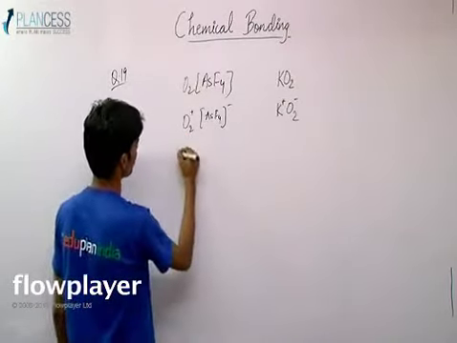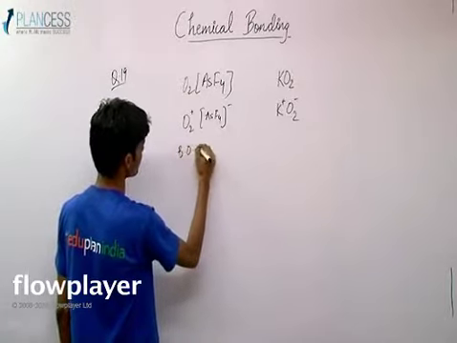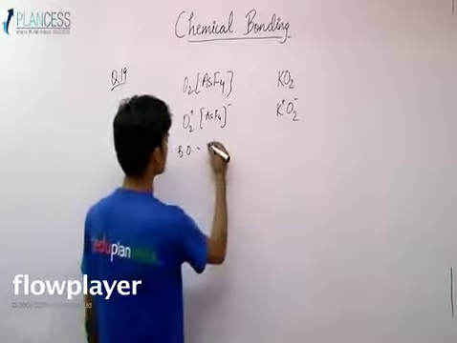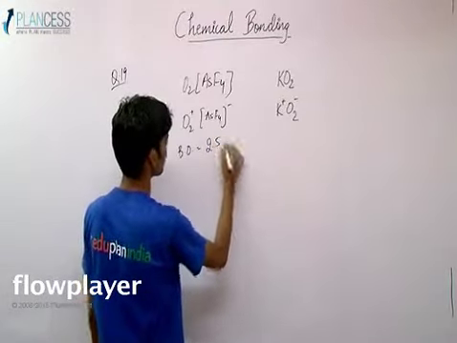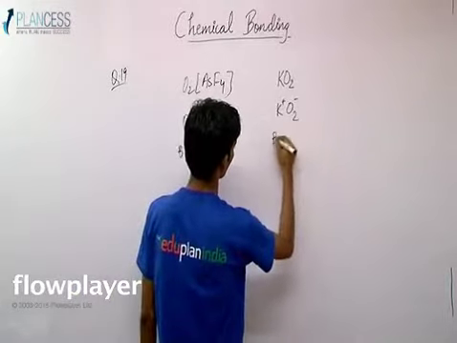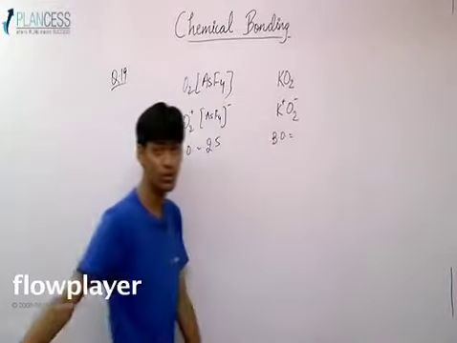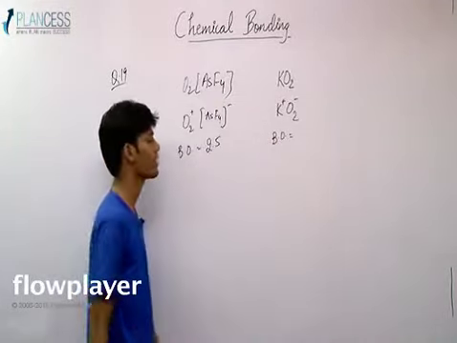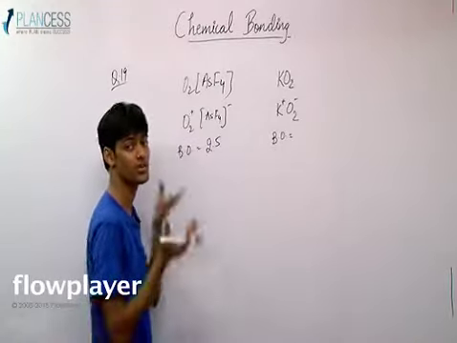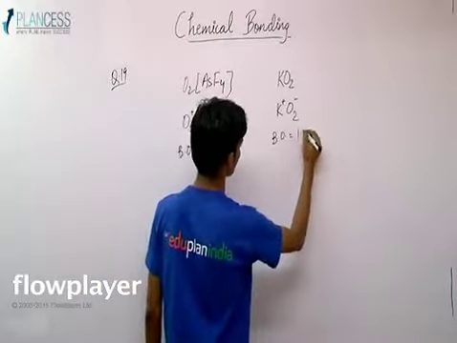So if you consider the bond order, one electron in this case is removed from the anti-bonding pi orbital, so its bond order would be 2.5, because normal O2 has a bond order of 2. In O2-, one electron has been added to the anti-bonding pi orbital, pi star 2px. Therefore its bond order will decrease, since the number of anti-bonding electrons has increased, so its bond order is 1.5.